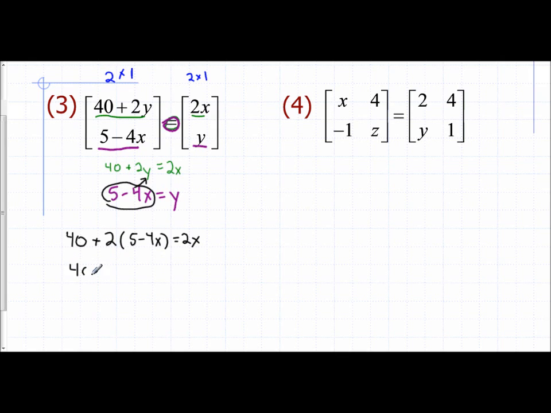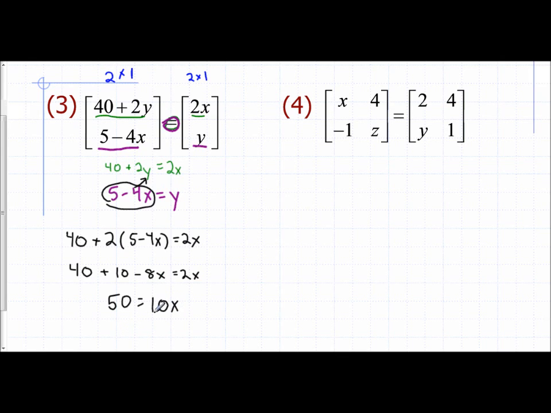You're going to distribute first to get 10 minus 8x equals 2x. When you combine like terms, 40 plus 10 is 50. And so you would add the 8x to the other side. And so you have 2x plus 8x will give you 10x.